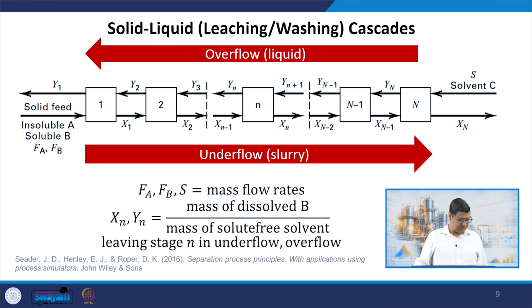Okay, so let us begin with one example of a cascade that is for a leaching operation, right? So we have a solid liquid cascade where we want to basically leach out the soluble component from a solid feed, right?